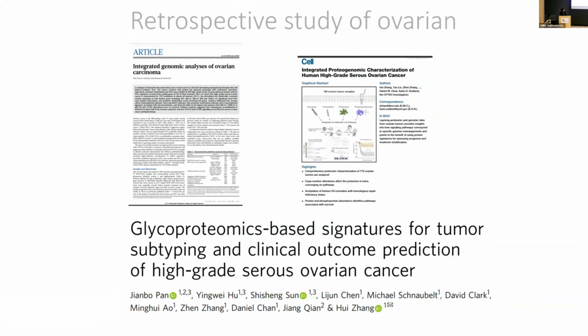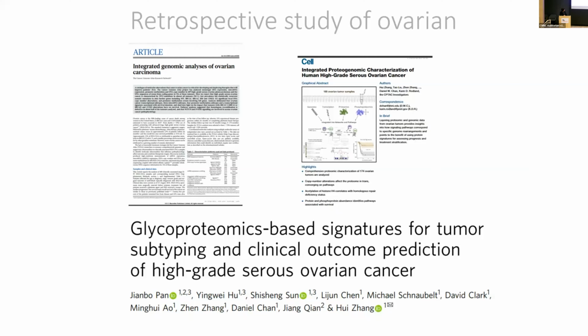Our characterization, together with Pacific Northwest National Laboratory, characterized the proteins as well as glycoproteins, phosphoproteins, and acetylated proteins, and determined the PARP inhibitor sensitive cells, cancers related to histone acetylation.